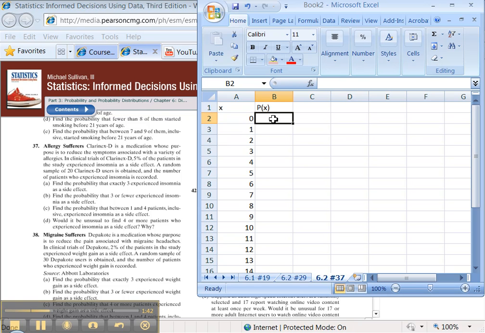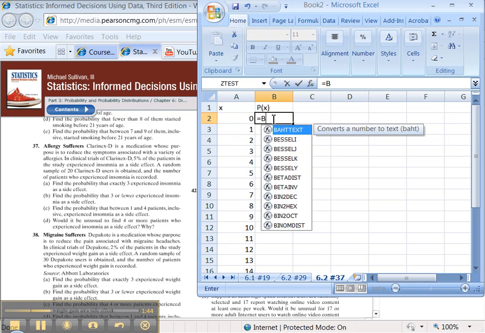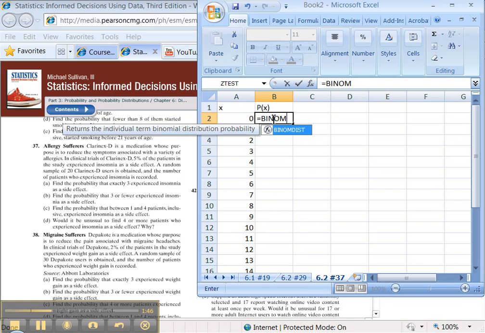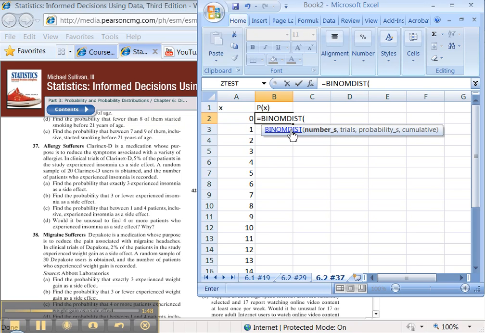Now, let's see, probability equals binom, because we said it's binomial. There it is, binom dist. Now, the number of successes is right here in cell A2, comma, the number of trials was 20. The probability of success was 0.05, although I wouldn't really call insomnia a success, but you have to remember that success doesn't necessarily mean good things.